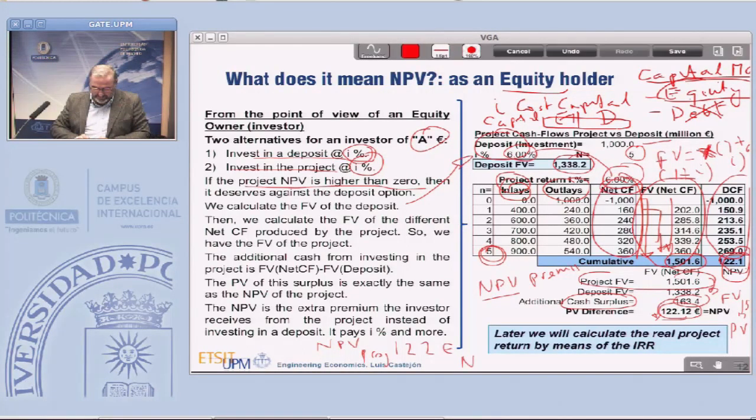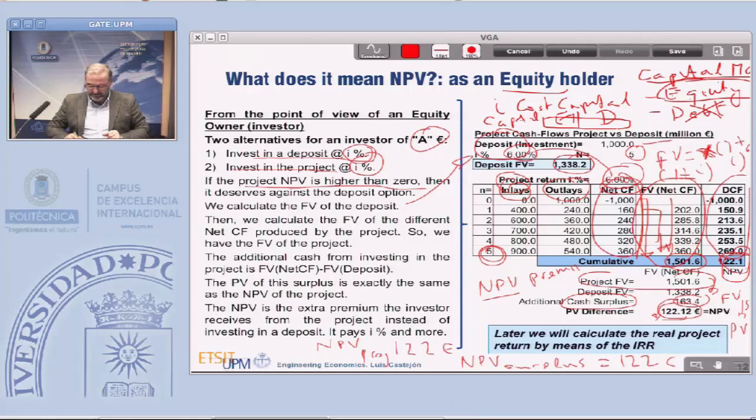And the net present value of the surplus is the additional amount of money we get in the future from investing in the project, instead of asking for a deposit. This surplus, the net present value, is also 122 euros.